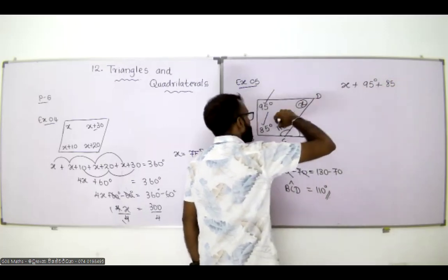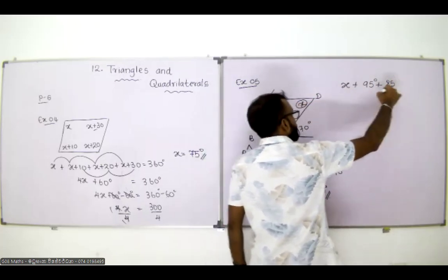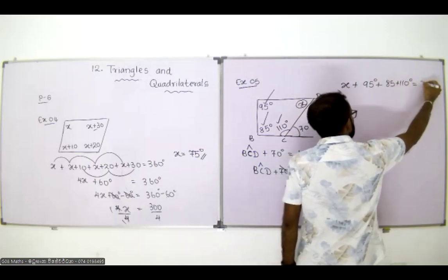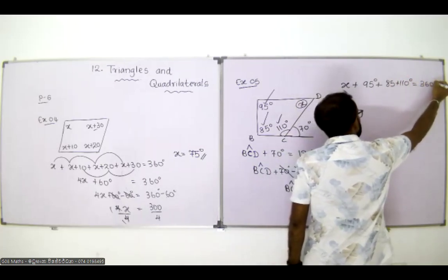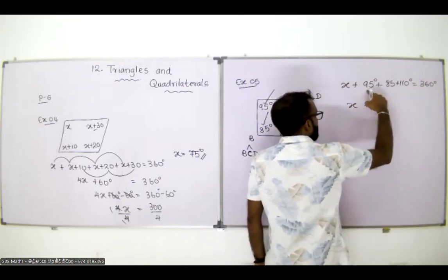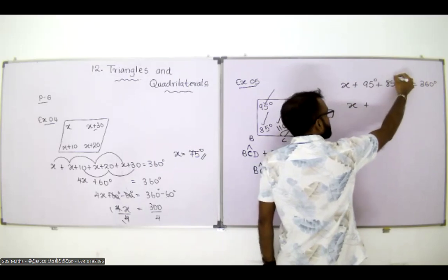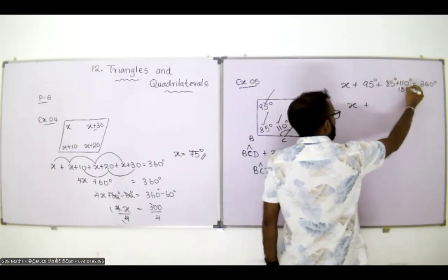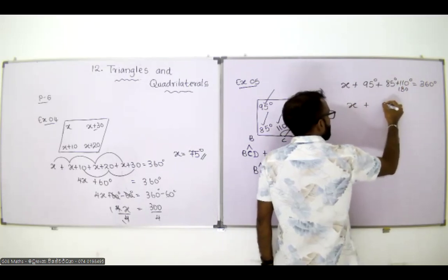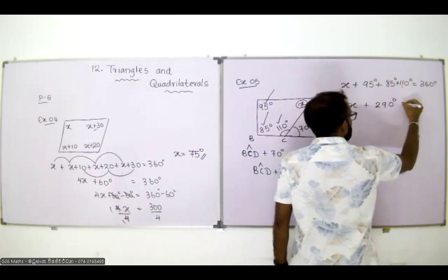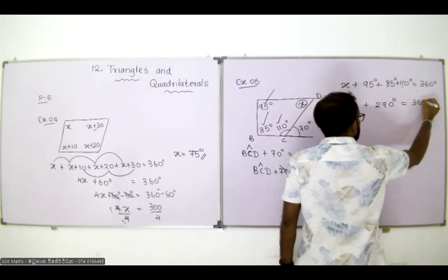plus 110 degrees is equal to 360 degrees because it is a quadrilateral. X plus 95 plus 85 is 180, 180 plus 110 is 290, and 290 degrees is equal to 360 degrees.